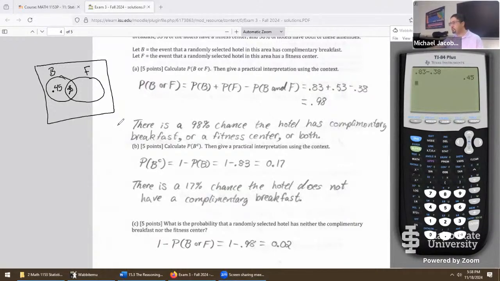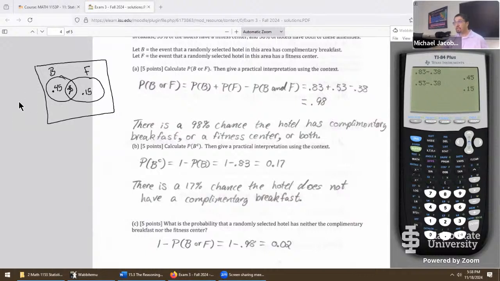Then do the same thing for this region. The probability of F excluding the overlap with B would be, the probability of F is 0.53, subtract the overlap, 0.38. We have probability 0.15 in this region.